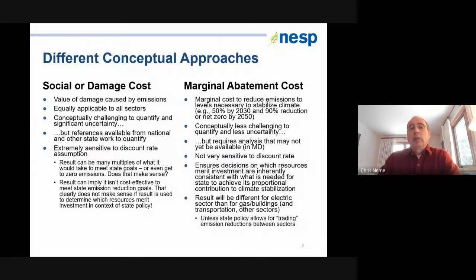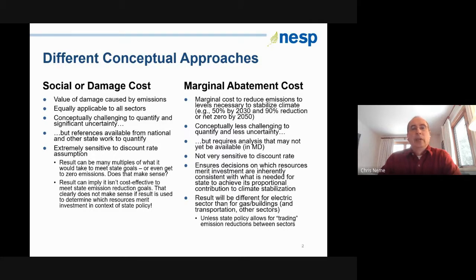However, there's been a lot of work done on this topic, and there are references available nationally and in some cases from some other states. One disadvantage of this method is that the conclusions about the value of the damage of greenhouse gas emissions are extremely sensitive to discount rate assumptions.